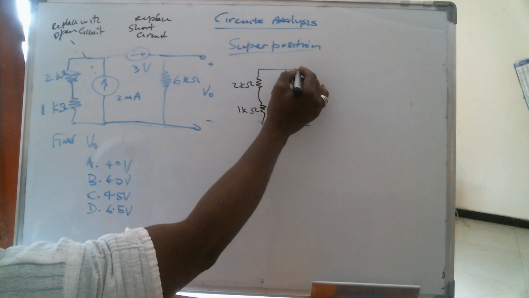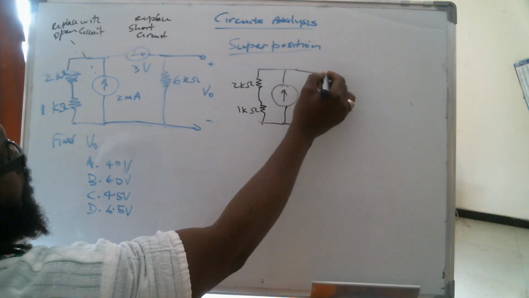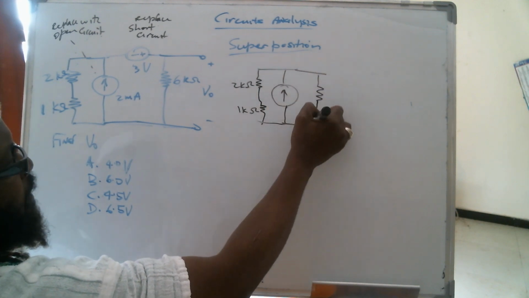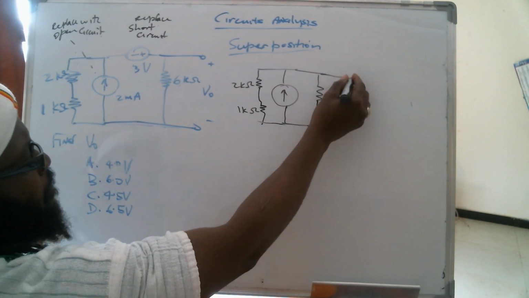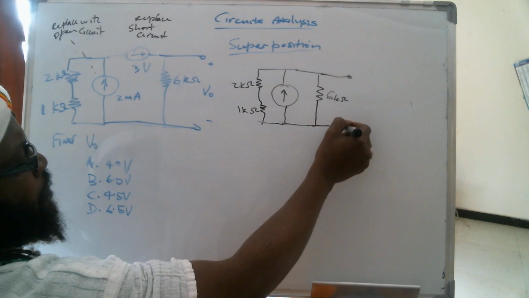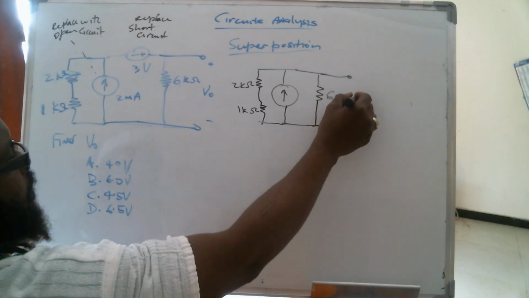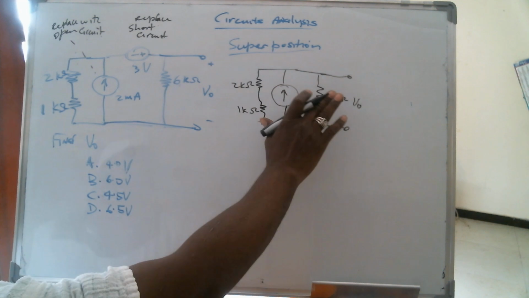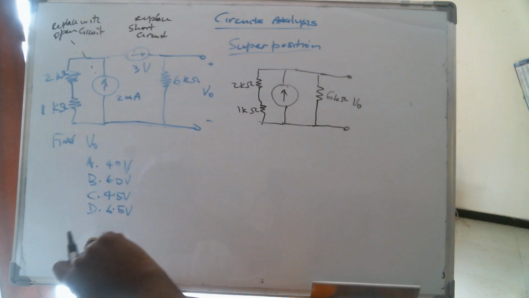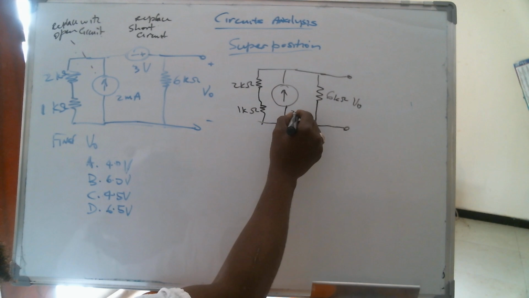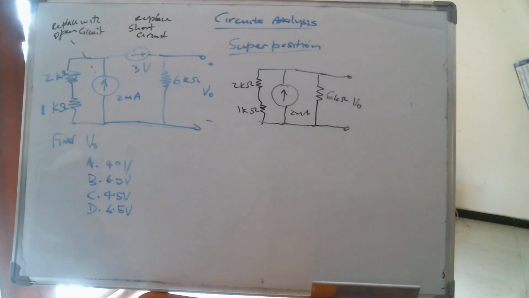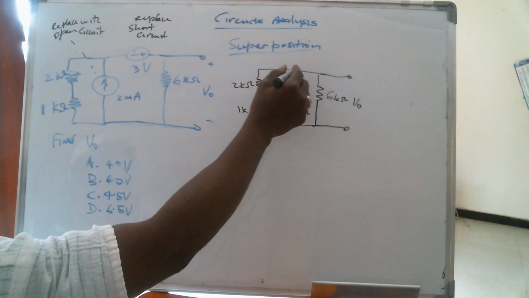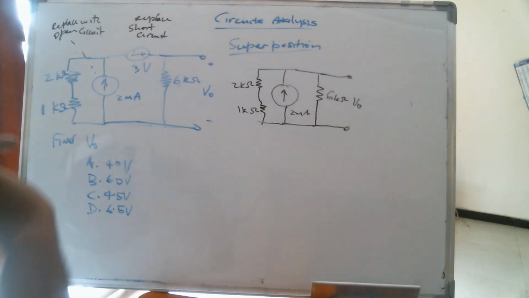So we're going to have a short circuit here. Then we're going to have the 6K ohm resistor across that, and this is V0. So now what we have is a 2 milliamp source, a 2K ohm and a 1K ohm resistor, and we short circuit out the 3 volt source.